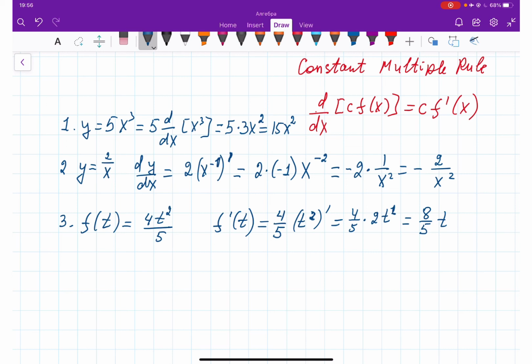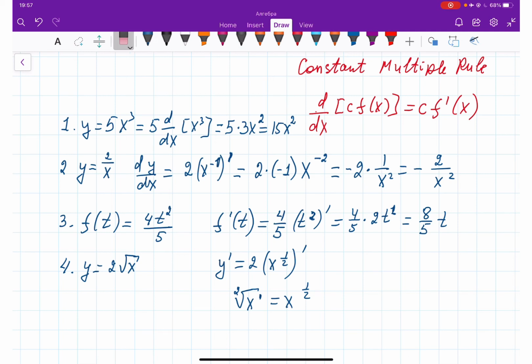Next, y is equal to the square root of x. So y prime is going to be equal to x to the power 1/2 prime. This is how I represented the square root, because the square root of x is equal to x to the power 1/2. Square, we understand by default is 2, and here we have 1, so 1 over 2.